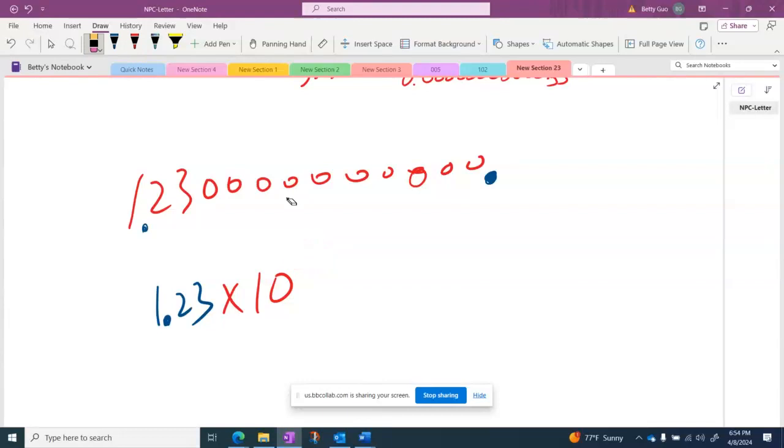What exactly does the positive integer equal? We just need to count the spaces between the two decimal points. 1, 2, 3, 4, 5, 6, 7, 8, 9, 10, 11, 12. It is going to be 1.23 times 10 to the power of 12. And that's the scientific notation of this very large number.